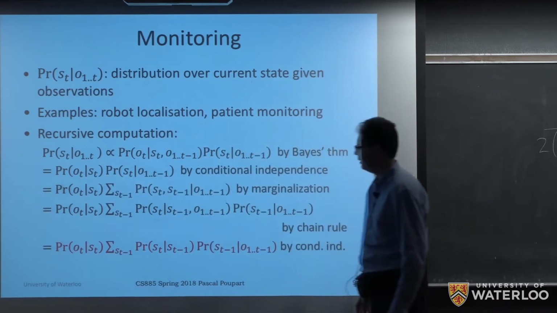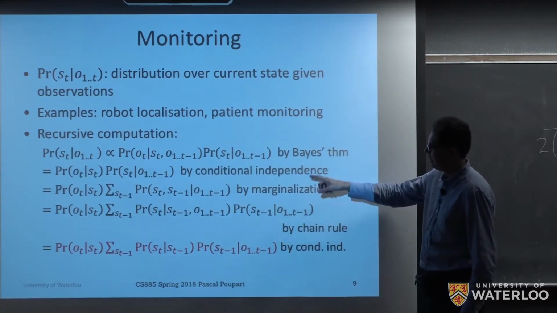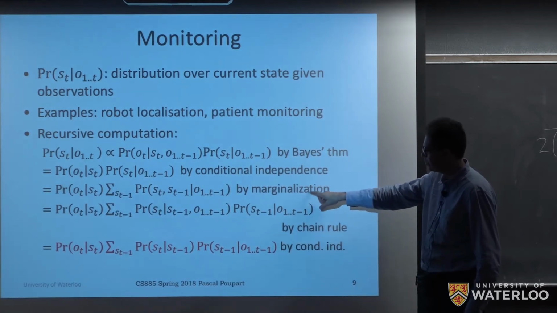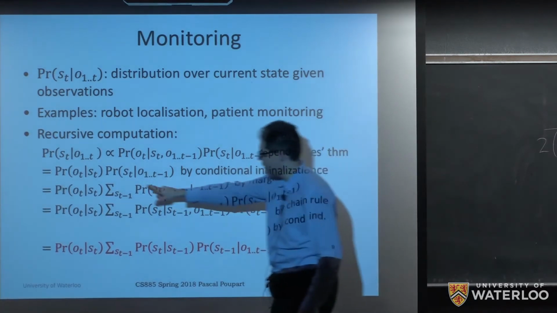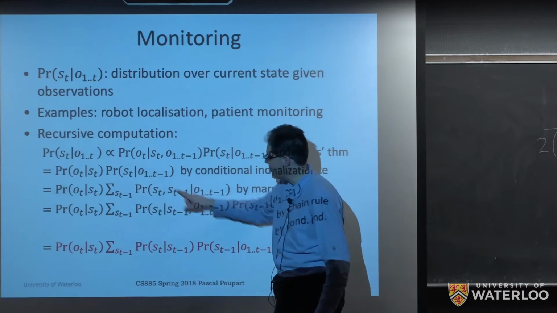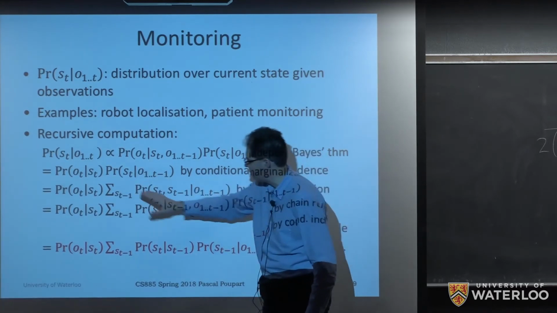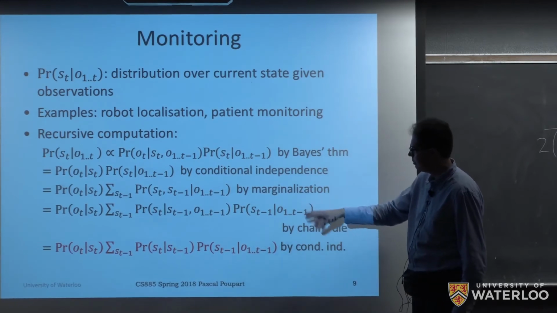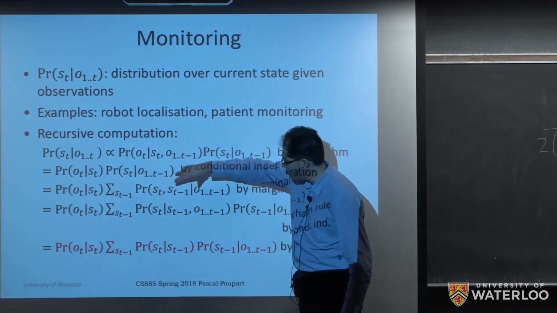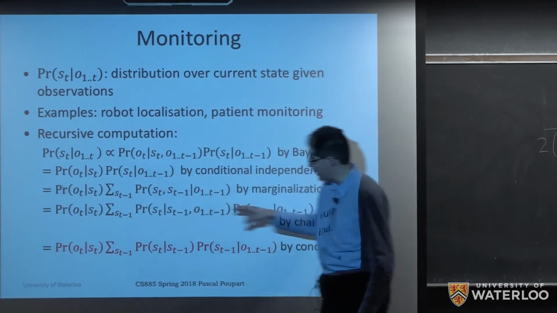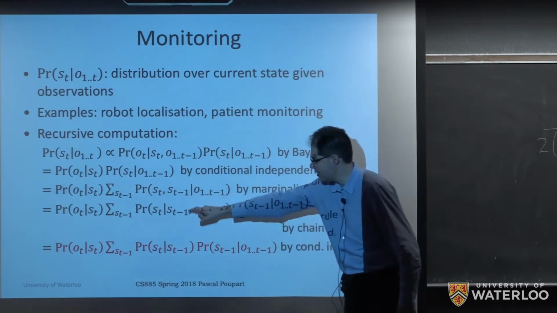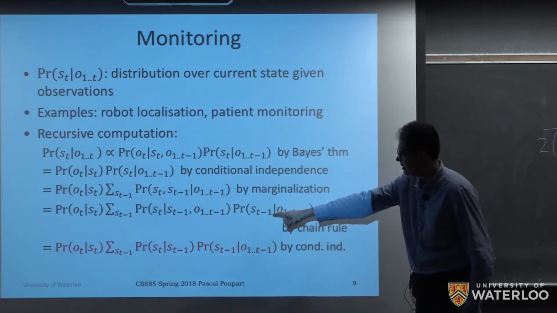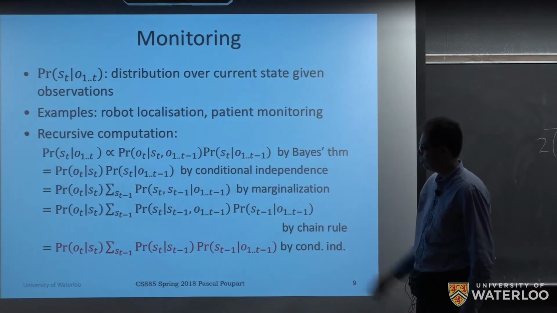We can simplify that. Then I'm going to introduce ST minus 1 by marginalization. So here if I introduce ST minus 1 in this term and then I sum it out, it's the same thing. And then finally, I will apply the chain rule to separate this term into two factors. So ST given ST minus 1 and then ST minus 1 given all the observations.